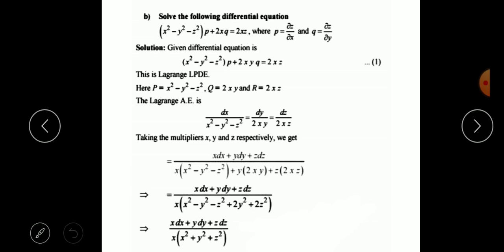So this given equation is a Lagrange's partial differential equation.